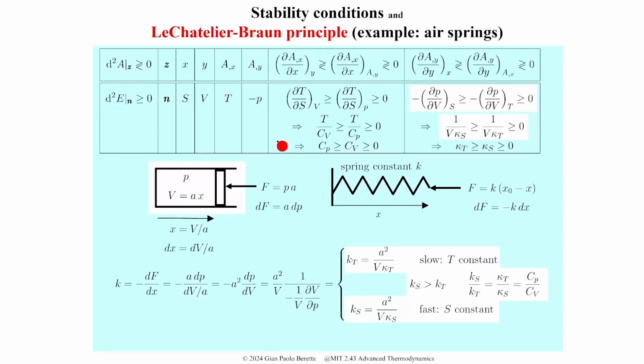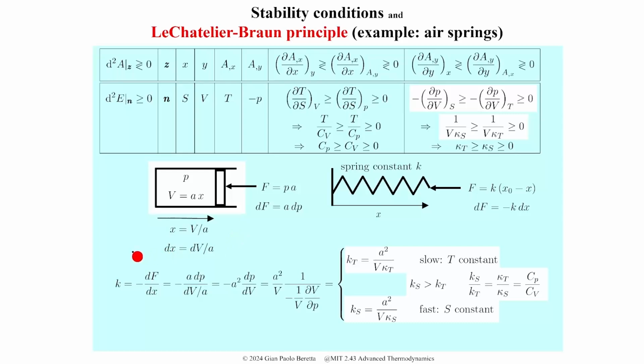And if you give me 2 more minutes, I wanted to show you the application here. This is an air spring, so it's like a piston with air inside, and it acts like a standard mechanical spring. You can compute the spring constant, and here are the details.